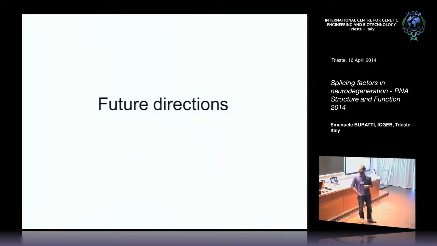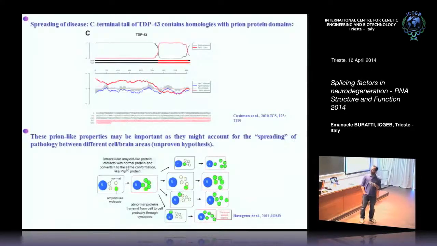Basically, and here is almost the end of my talk, what do we want to do? First of all, one has to understand, using our aggregation model, how TDP-43 aggregates can spread from cell to cell.